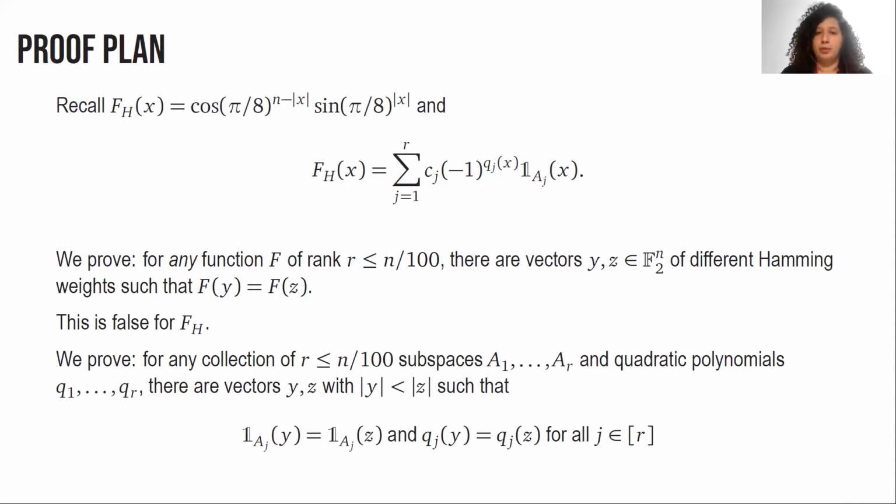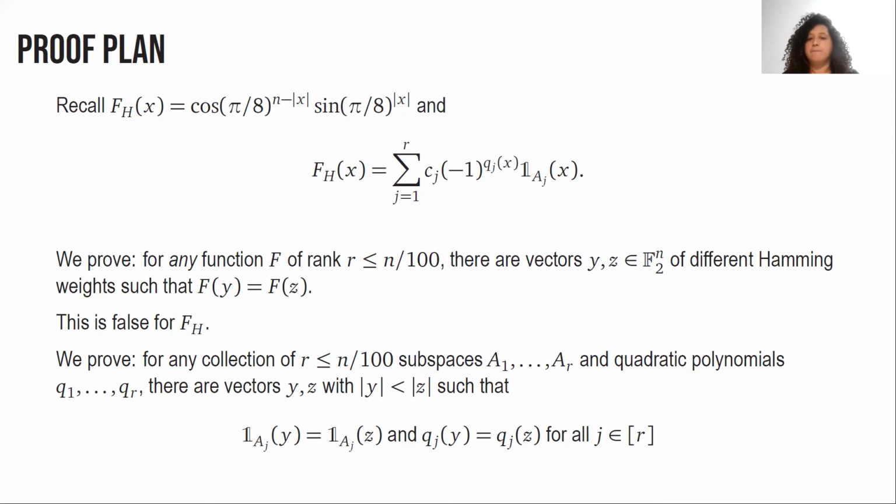And essentially what we prove is that, as I mentioned, we can only look at the affine subspace and quadratic polynomial that define each stabilizer function in the combination. So if you have a collection of at most n over 100 subspaces and quadratic polynomials, there are 2 points of different Hamming weight such that the indicator functions of all the affine subspaces agree on them.